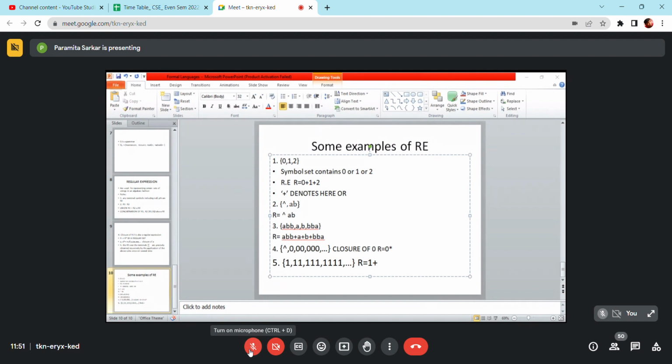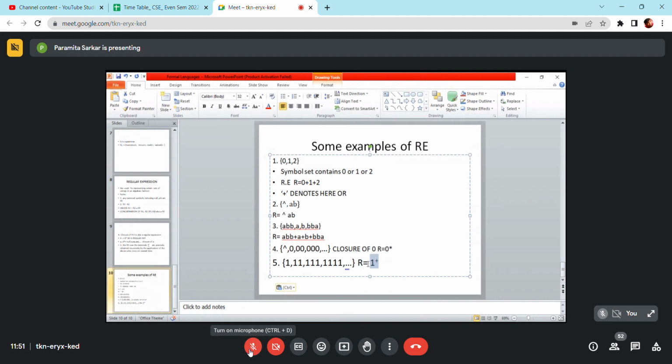So if I write this, any closure without the null is called closure of that symbol excluding the empty symbol. So you may write it as 1 plus.